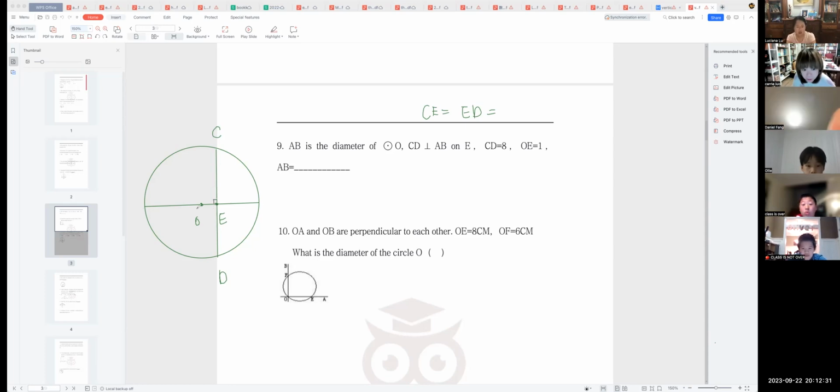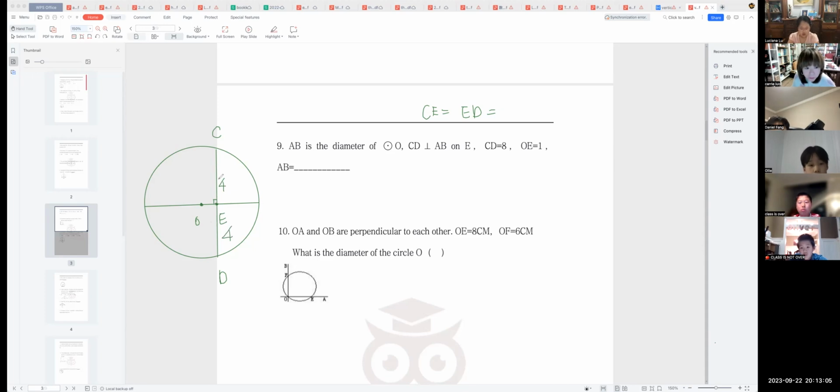For anything, as long as it is perpendicular, what does it do to the chord? Get it? Okay, so that means they are 4. So this is 4 centimeter, and this is also 4.